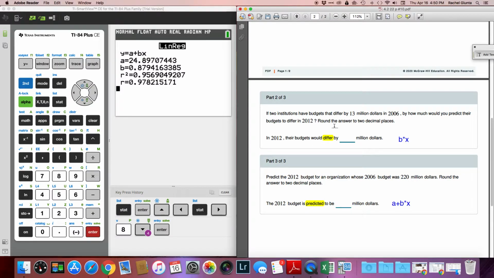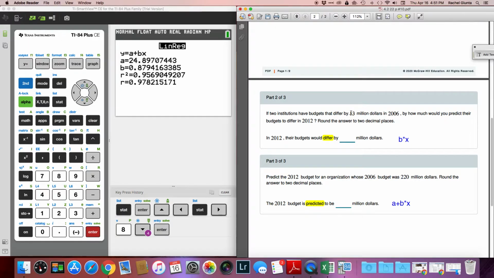As somebody pointed out to me, this particular one has both differs and predict in it. If you ever see that, follow the differs. If differs is in there anywhere, do the calculation for differs. So you take the value you got for b and you multiply it by the number they give you. This one I've seen trip people up before because it says $13 million.